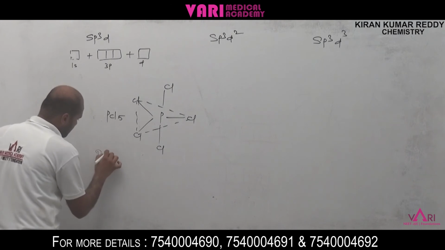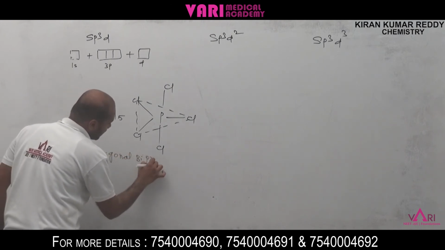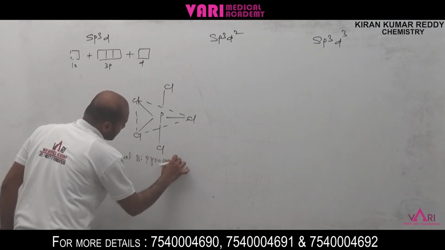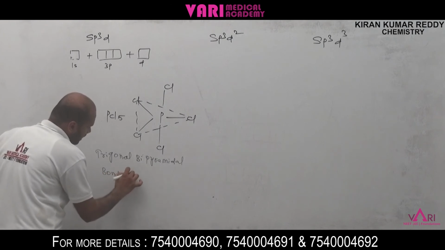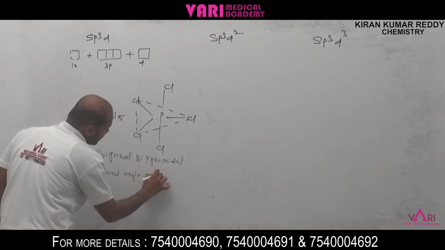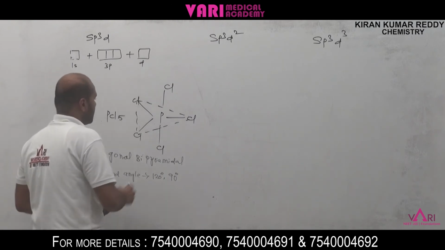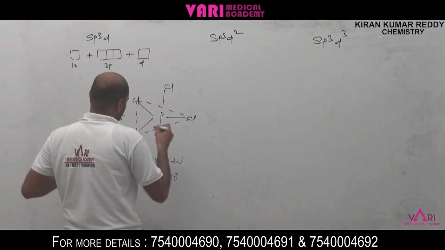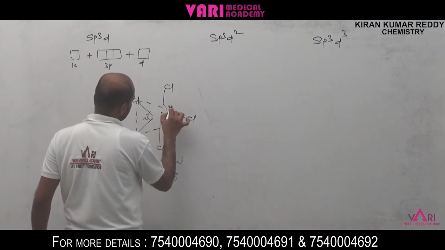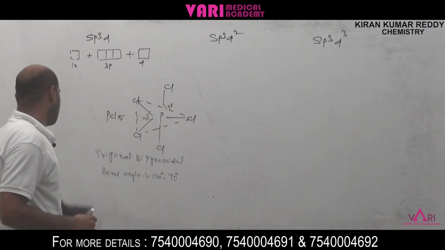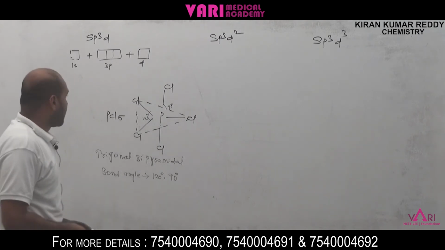Trigonal bipyramidal geometry, and there are two types of bond angles, 120 degrees and 90 degrees. This one is 120, this one is 120, so all are the same 120. Here 90 degrees are present. That's why it is trigonal bipyramidal and the bond angles are 120 and 90 degrees.